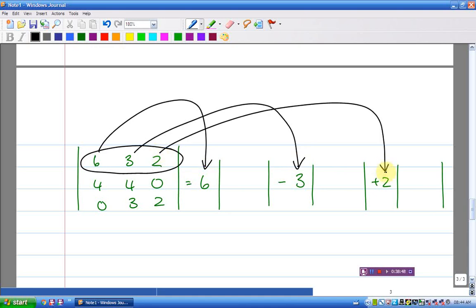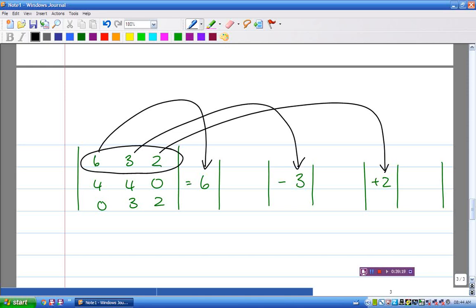Imagine that your matrix is on top of a checkerboard, and there's an invisible sign associated with each square that alternates plus, minus, plus, minus, plus, minus. So the 6 gets a plus, the 3 gets a minus, and the 2 gets a plus. Had we chosen the second row, our checkerboard would be minus, plus, minus, and we would have had a minus 4, a plus 4, and a minus 0.